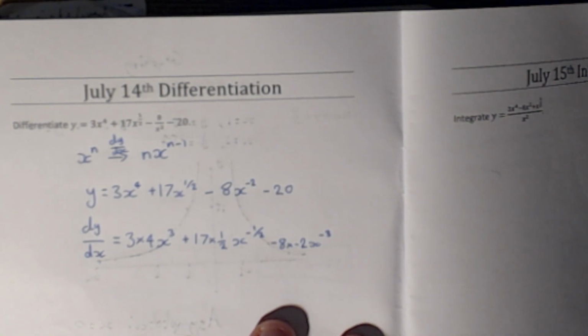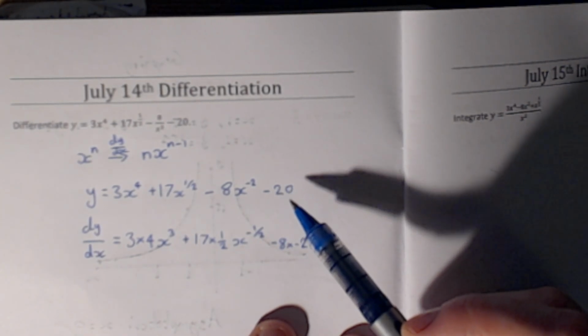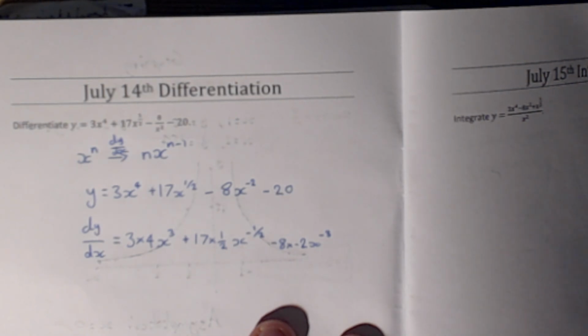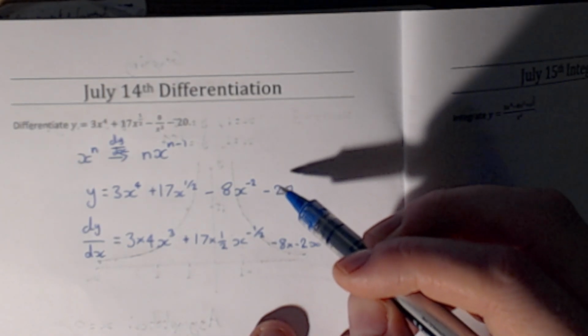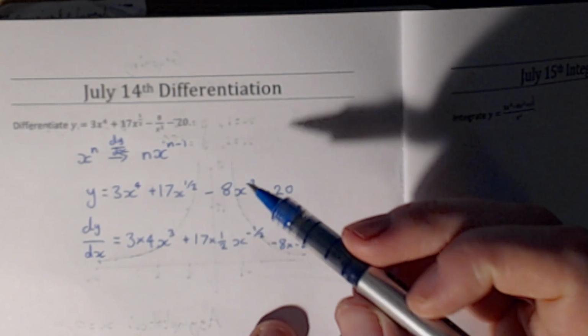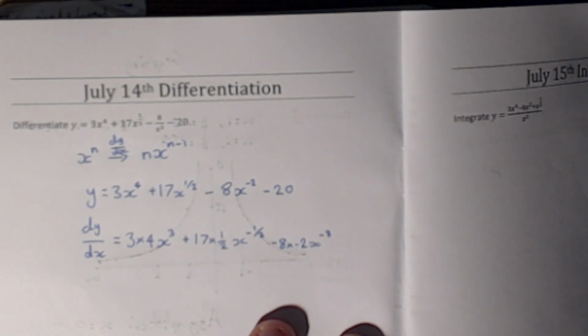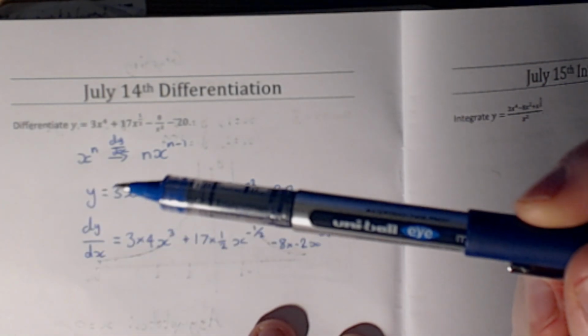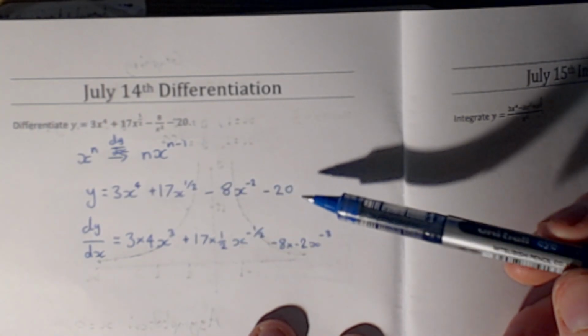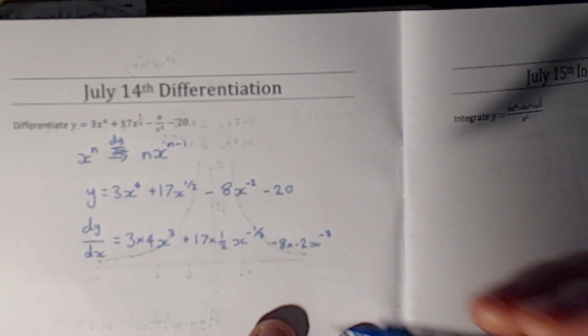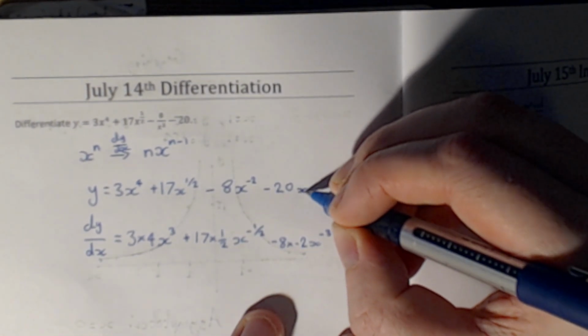Now this is another tricky one, it's where some confusion can arise. This minus 20 is actually going to go to 0. If you think about it, y equals minus 20 is just a completely flat horizontal line. Its gradient, well, it's flat, it has no gradient. Another way you can think about this is that there's kind of an x to the 0 term.